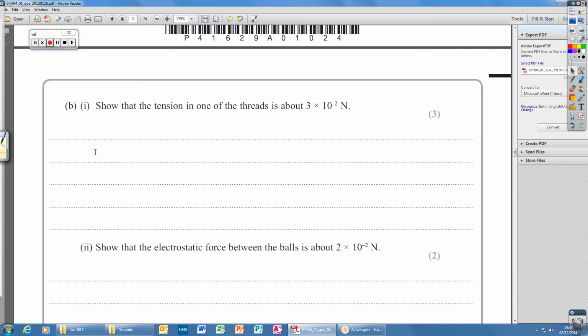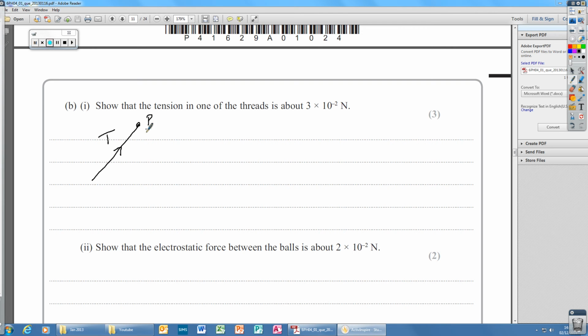If you look at the triangle that's formed, just looking at the 1 by n, then you've got the tension like that. That's essentially what we're trying to find out.